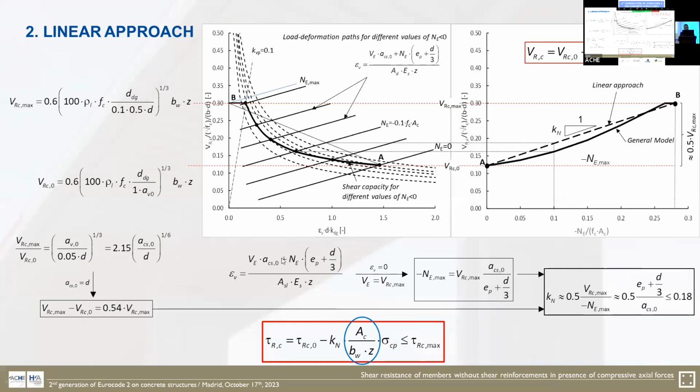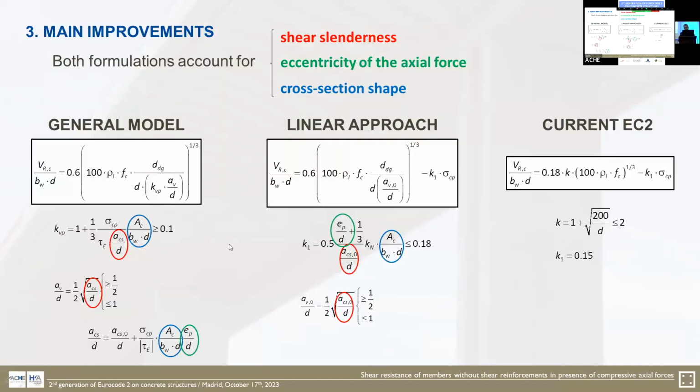The linear approach expressed in terms of stresses makes explicit the dependence of the section shape on the shear resistance by the factor total cross-section area divided by the web area.